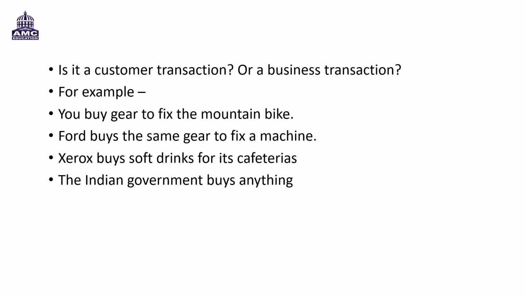It can be a retail customer transaction when you, as a retail customer, buy some spare parts for your mountain bike. But Ford can buy those same spare parts to fix their machines, and Xerox can buy soft drinks for their cafeteria. The Ford company, Xerox company, and the Indian government are all industrial customers, buying industrial products from other companies to carry out their own operations.